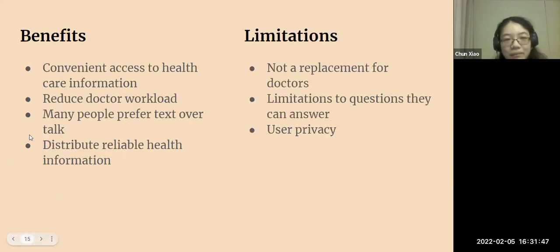Okay, now we'll talk about some benefits and limitations to chatbots. So first of all, there's convenient access to healthcare information. For example, one bot that I didn't talk about on the previous slide, but that is relevant to this is COVID Asha, which is a chatbot that was employed in India for civilians to use when they needed to access a critical care facility.